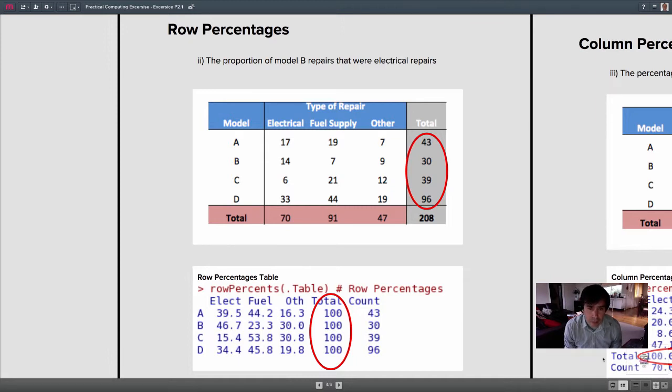Then I locate how many were electrical repairs, which is 14. To obtain the proportion, I divide 14 by 30, multiply by 100 to obtain the result in percentage. By looking at the table created in R, I can see that the answer for this question is 46.7%.